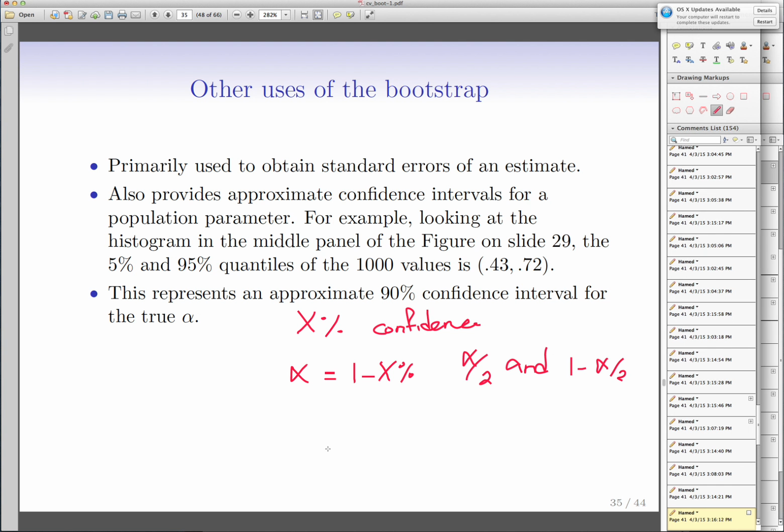For instance, if you want to build up a 99% confidence interval, that will be your X. Then alpha will become 1%. Then look at the 0.5 percentile, and 1 minus 0.5 is the 99.5 percentile, and report these two numbers. That will be your 99% confidence interval.